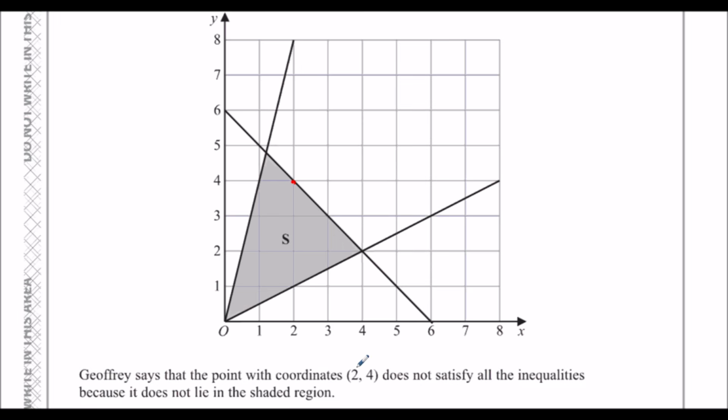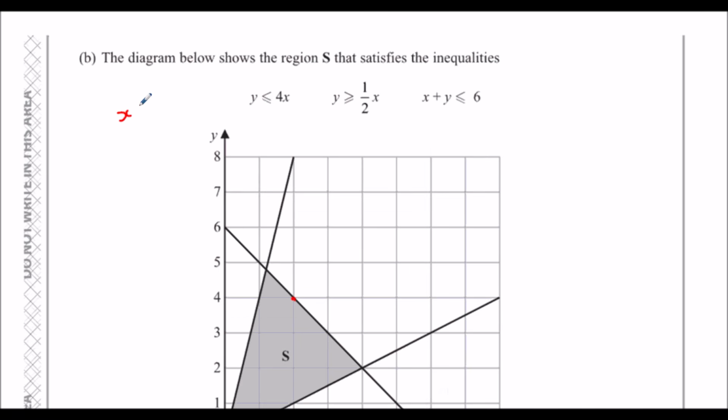with 2, 4. So x is 2, y is 4. That this works for all of them. So y is 4. 4 is less than or equal to 4 times 2. 4 is less than or equal to 8. And the second one, 4 is bigger than or equal to half of x, which is 1. That's true. And x plus y, 2 plus 4, which is 6, is less than or equal to 6. It is equal to 6. So it does work.